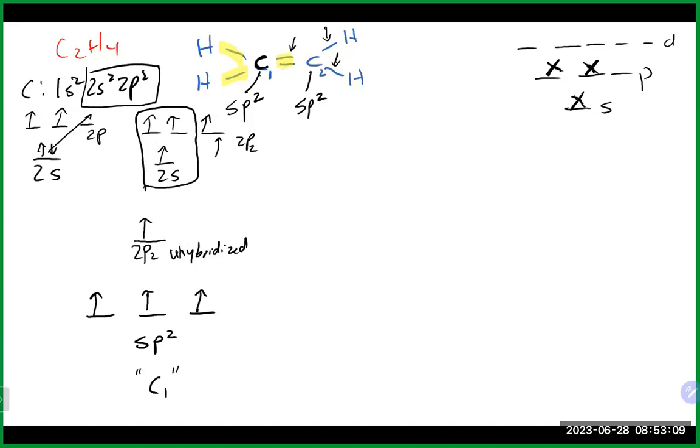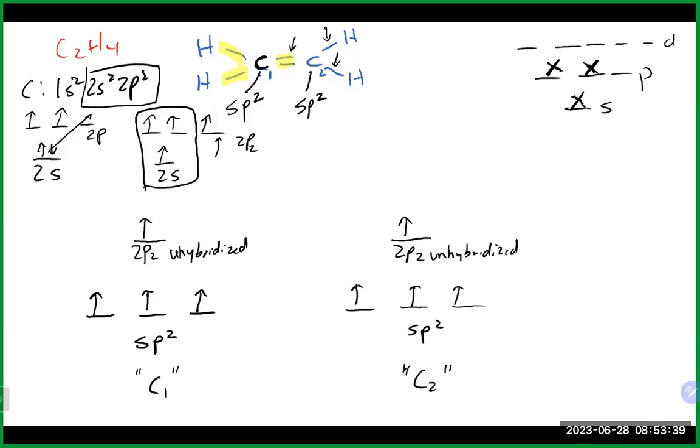And since the carbon on the right is identical, it pretty much will do the same thing and it will end up in the same spot. So we could really redraw one of these guys here. For the second carbon, it also will end up with an electron in each. It also will end up with a 2pz unhybridized orbital that has an electron, and that would be like carbon number 2 there.